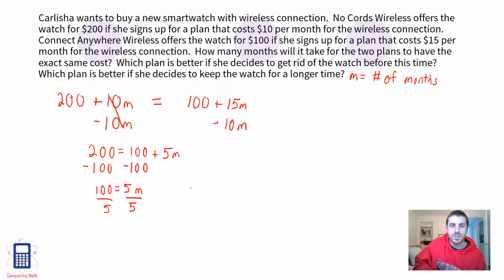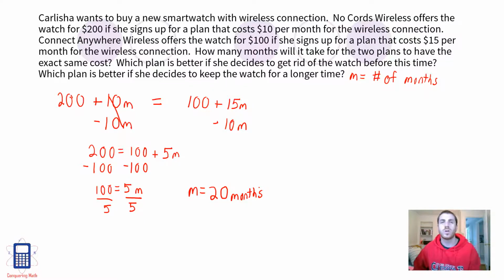And what we'll find is that m equals 100 divided by 5, which is 20. Remember, it's not $20. M stands for the number of months, so m equals 20 months. This means that if Carlisha keeps the watch for exactly 20 months, it won't matter which plan she chooses, it will be the same cost.